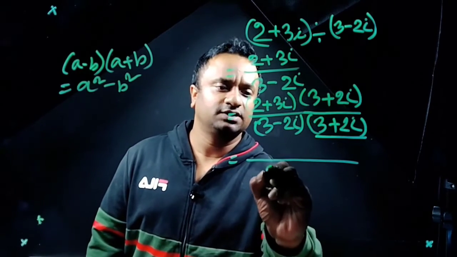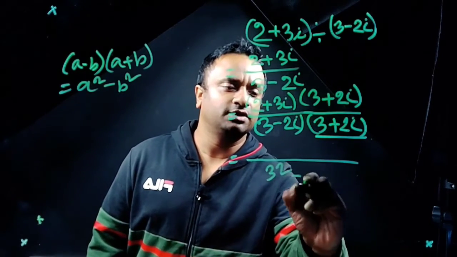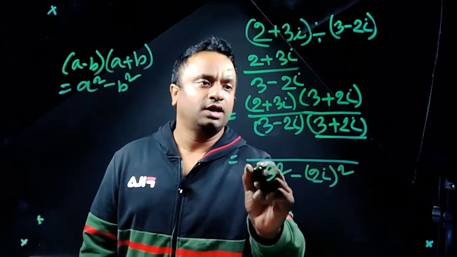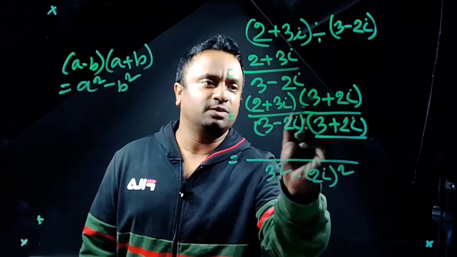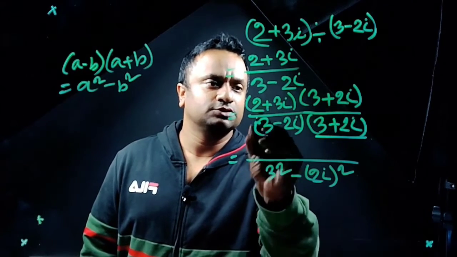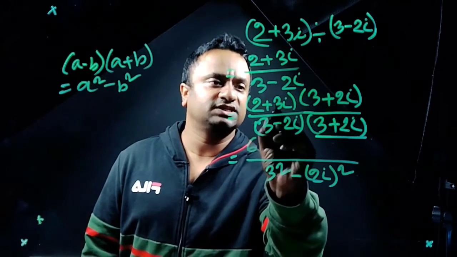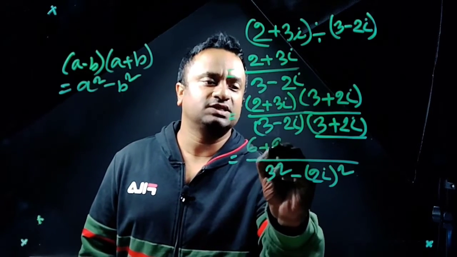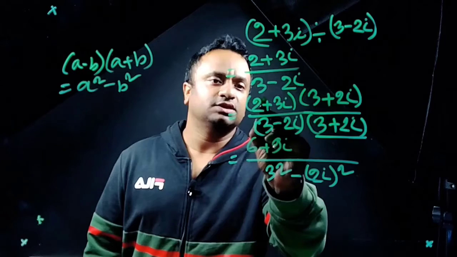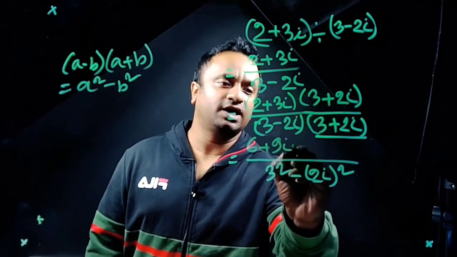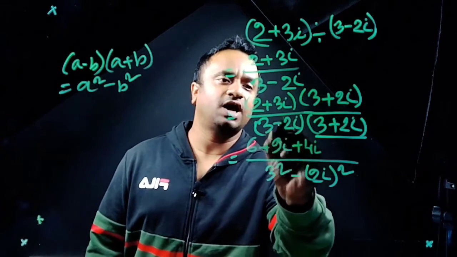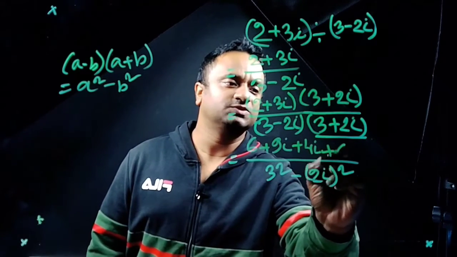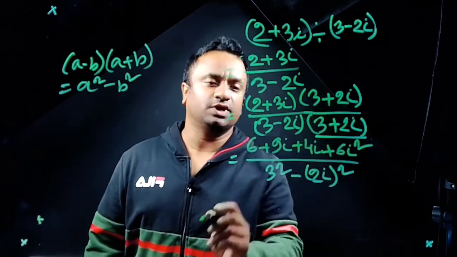So we can write it 3 square minus 2i whole square, and the numerator becomes 2 multiplied by 3, that is 6, then 3i multiplied by 3, that is plus 9i, then 2 multiplied by 2i, that is 4i, then 3i multiplied by 2i becomes 6i square.